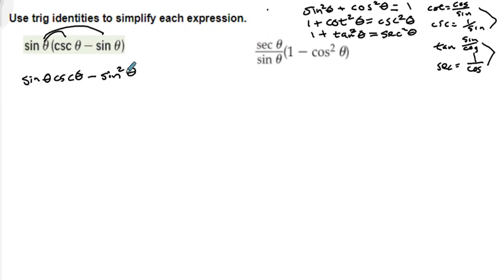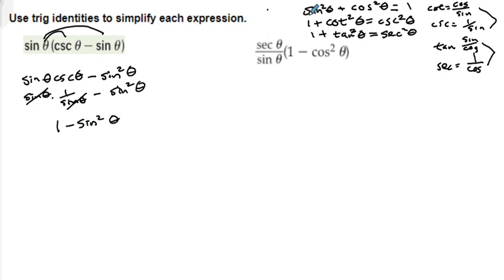Now, this is looking a little bit like this here, but we have to figure this out first. Sine theta times cosecant theta is sine times 1 over sine, minus sine squared theta. Well, that worked out nice. These cancel each other out, and then you get 1 minus sine squared theta.